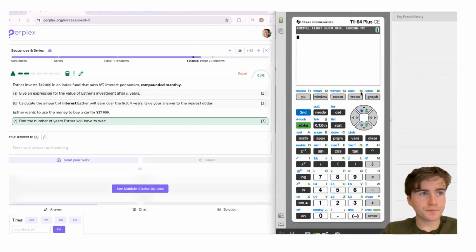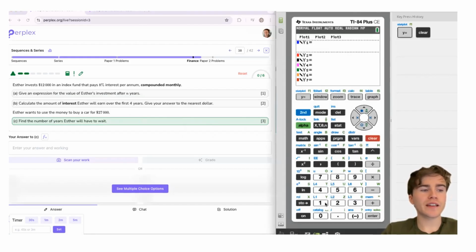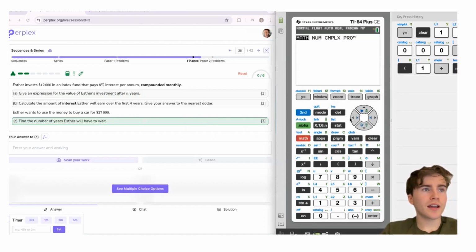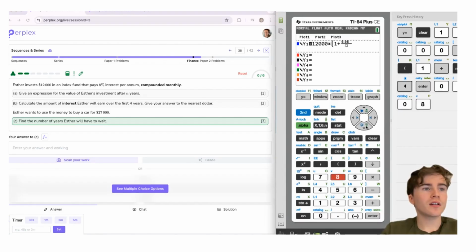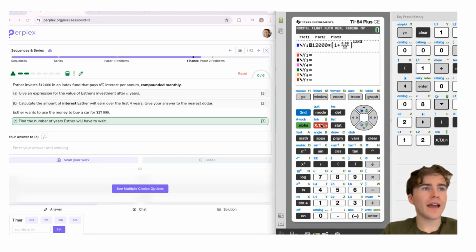On my calculator, I'm going to go to the graph, and I'm going to plot the value of Esther's account. So we said it was 12,000 times 1 plus 0.08 over 12 to the power of 12x, where x is the number of years. We want that to equal 27,000.